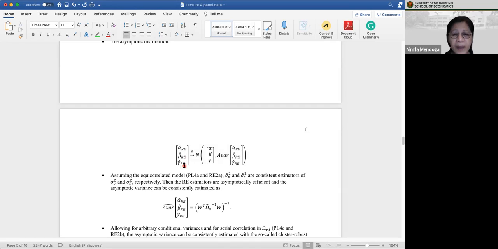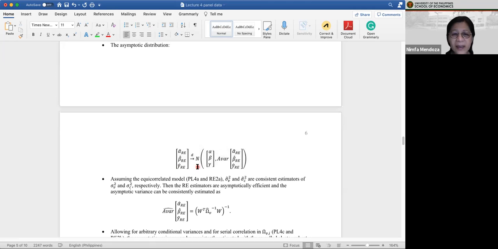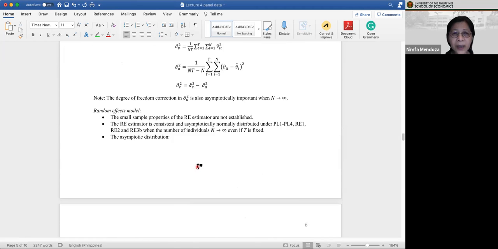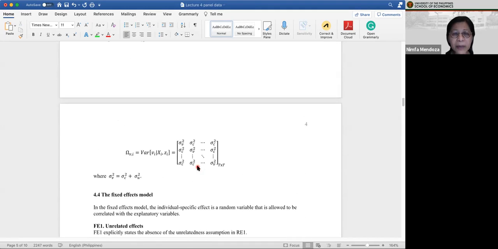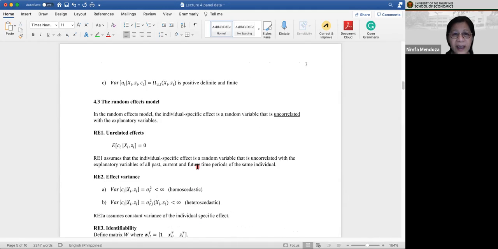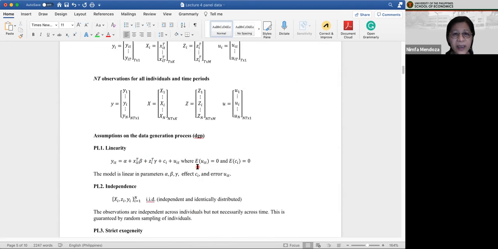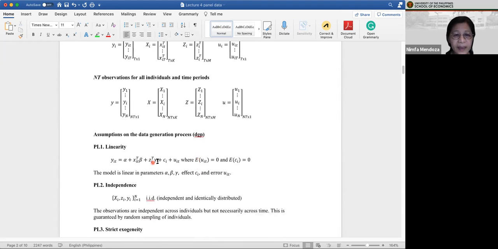Now, it is not sufficient reason if you want to estimate, let's say, gamma, the coefficient vector associated with C sub i, the time invariant regressors.